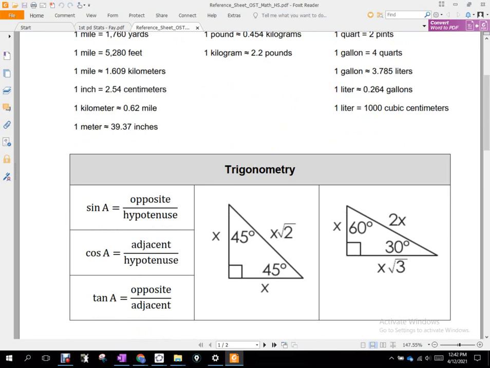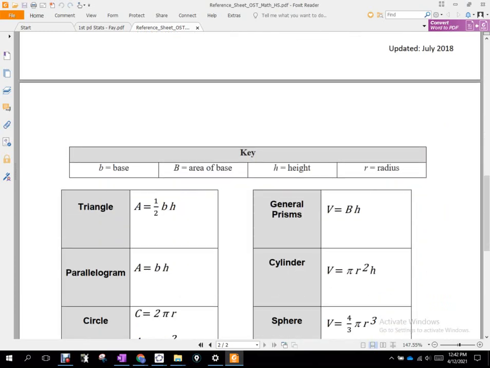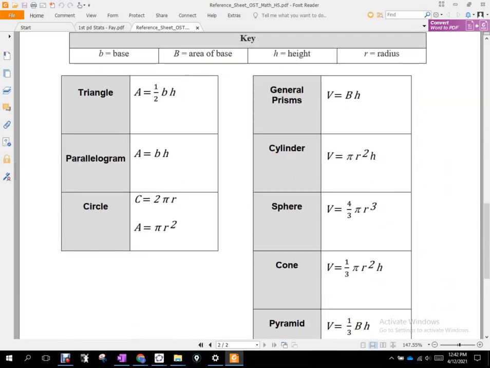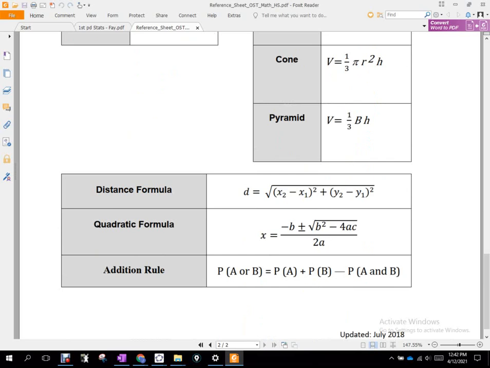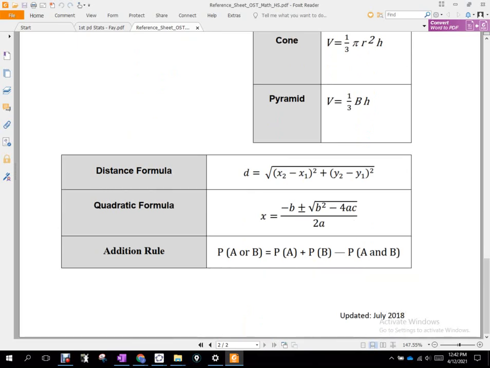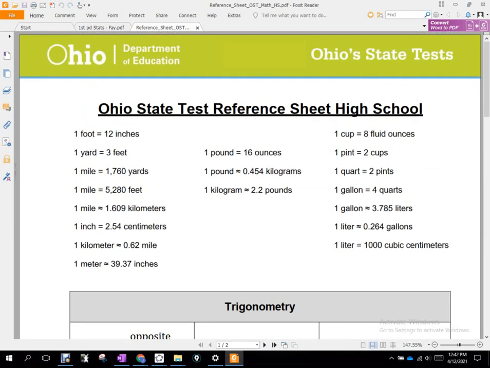It's got your SOHCAHTOA and special right triangles, so that's a lifesaver for some of us. It's got this stuff. Okay. Area formulas, general volume formulas, got your distance formula, got your quadratic formula, got your probability addition rule, okay? But it does not have transformation rules, okay?